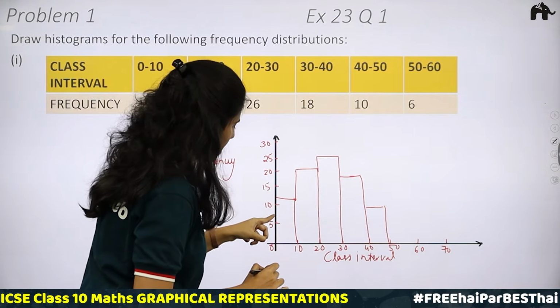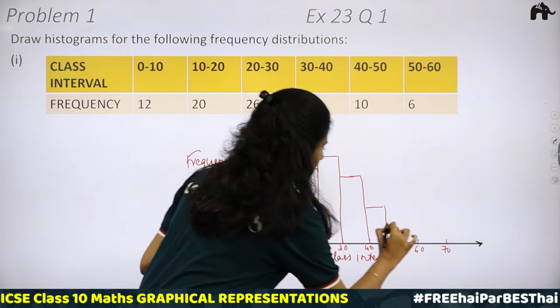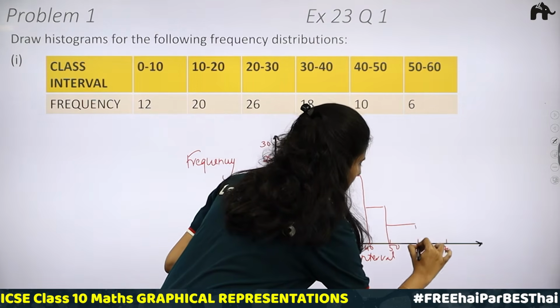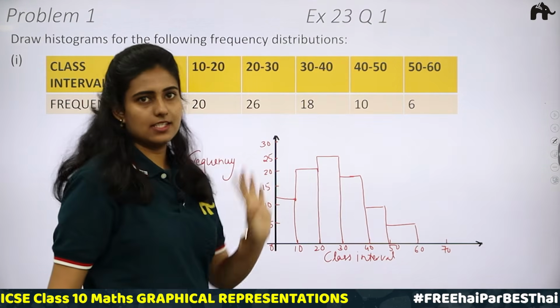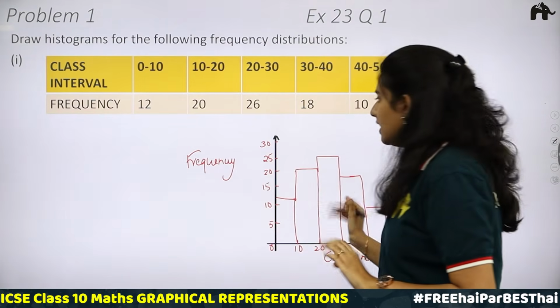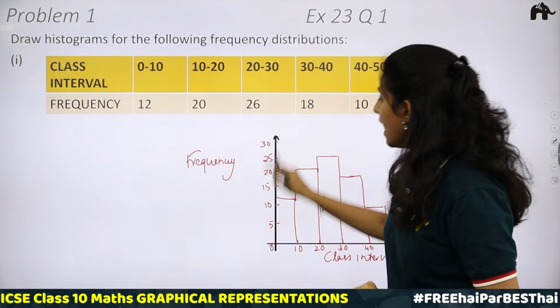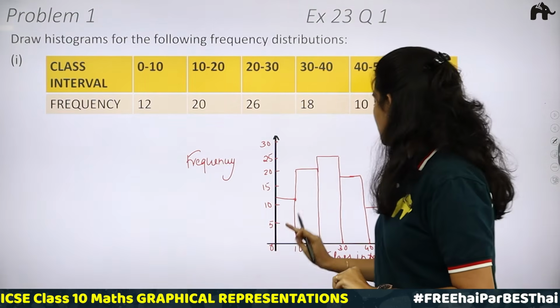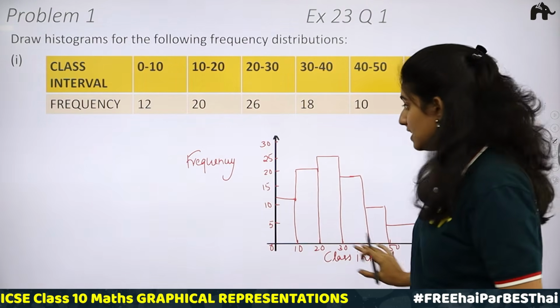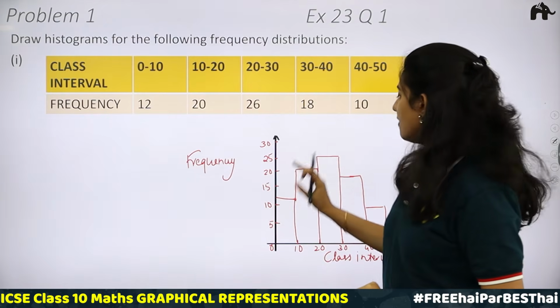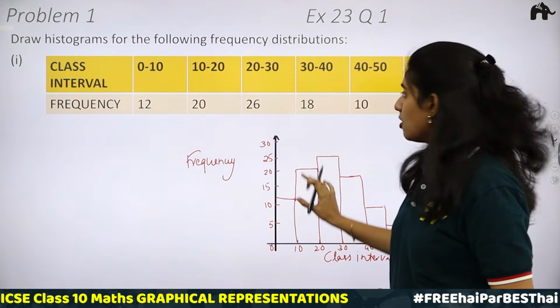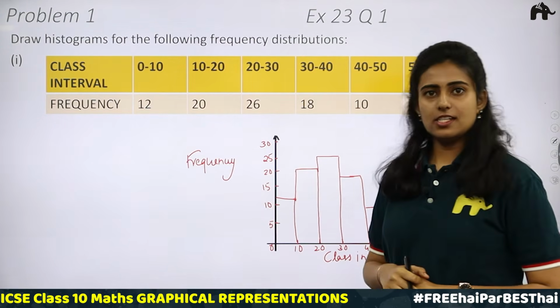Here we have 5 and this is 6. So, this is the required histogram. We are taking class interval along the x-axis and the frequency along the y-axis, marking the intervals on the x and y-axis, after which with these rectangular boxes we are constructing the histogram.